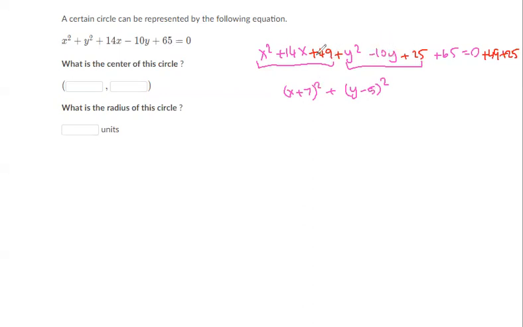Or 7 is the square root of 49, and the square root of this 25 is 5, but it is a minus because the middle term is minus. Now I can subtract 65 from both sides to cancel this 65. So 49 minus 40 is just 9.